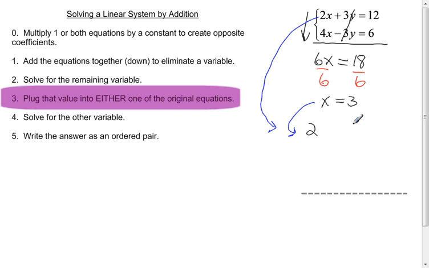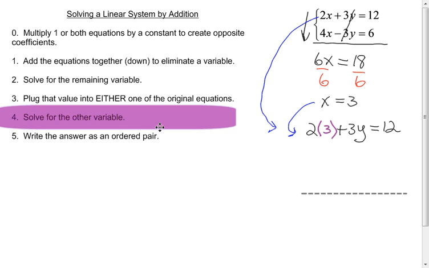So we're going to get 2 times x, which is 3, plus 3y equals 12. And then intuitively we should see that we should solve for the other variable, which I'll do by simplifying 2 times 3, rewriting the rest of my line.